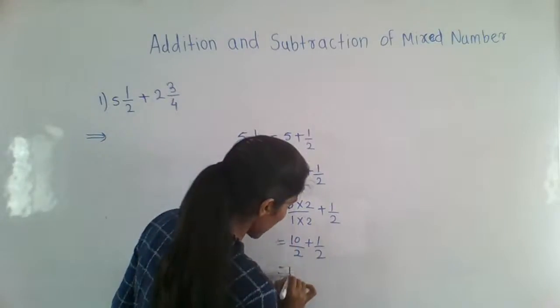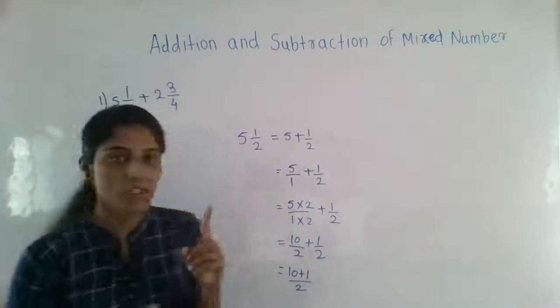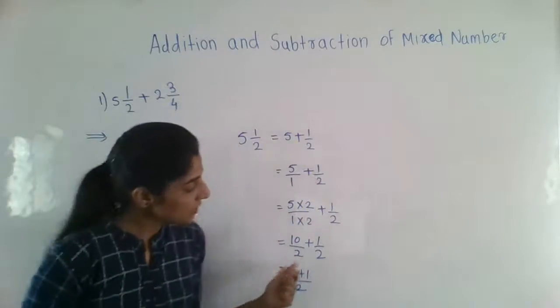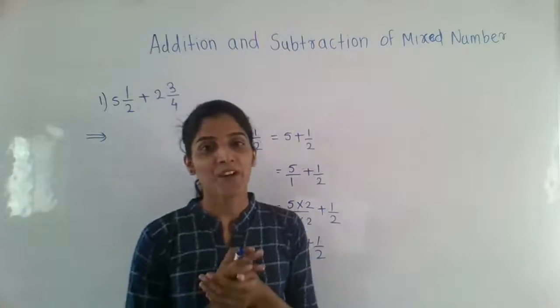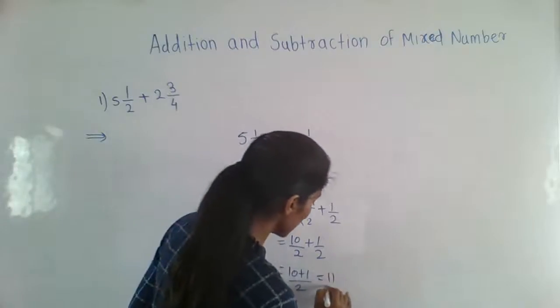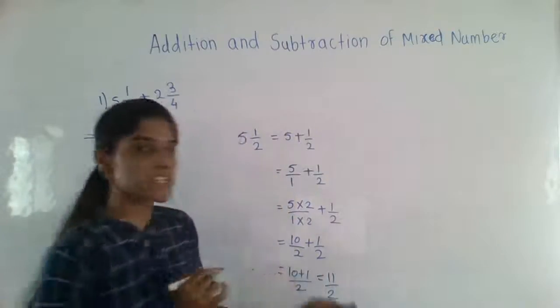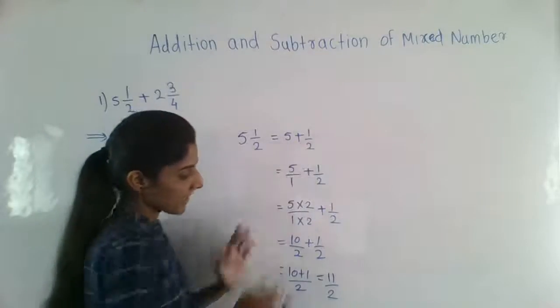That is 10 plus 1 by 2. Here 2 is written only one time because 2 is common in both fractions. Now 10 plus 1 is 11 by 2. That is our answer for 5 plus 1 by 2.